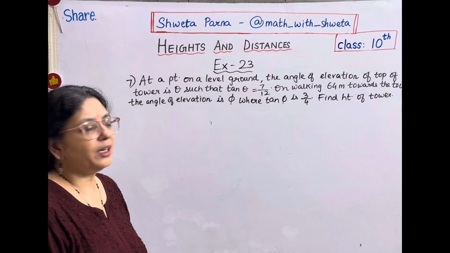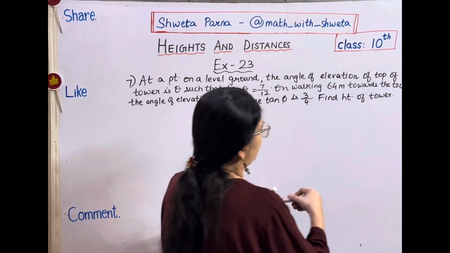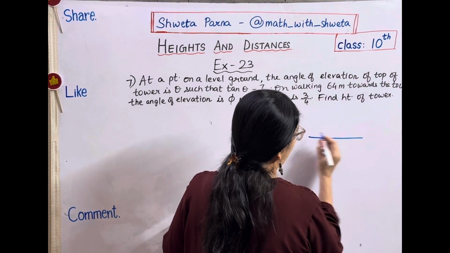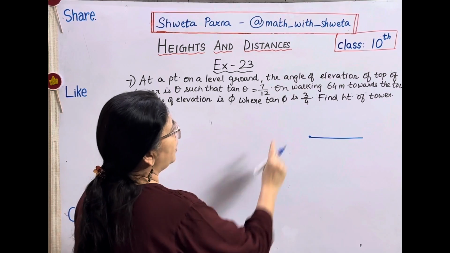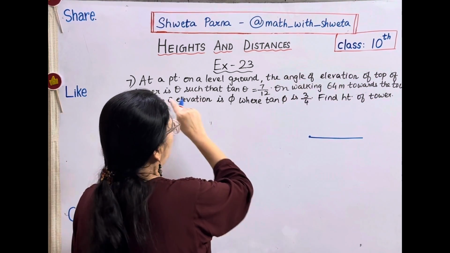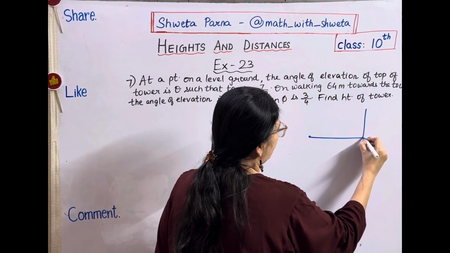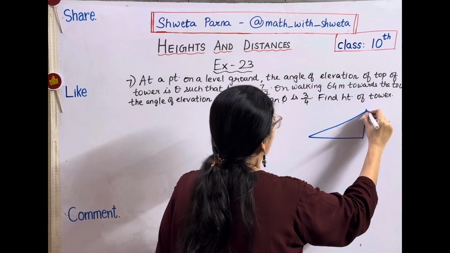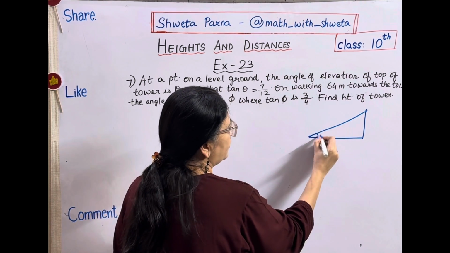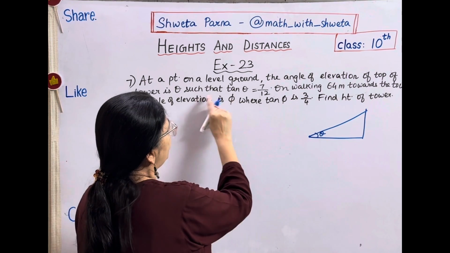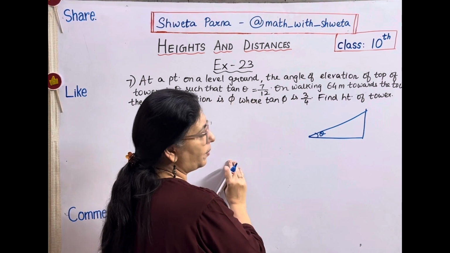At a point on a level ground. So let's draw this. This is the ground, a point on a level ground. The angle of elevation of the top of a tower. This is the tower. So the angle of elevation is theta, such that tan theta is 7 by 12.